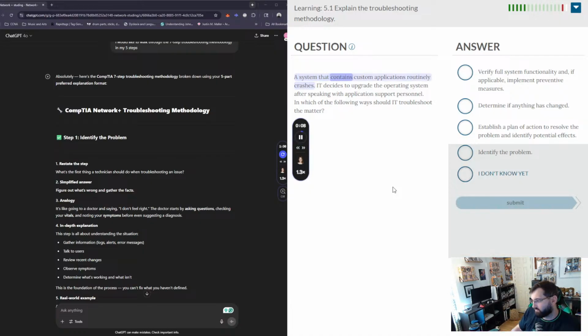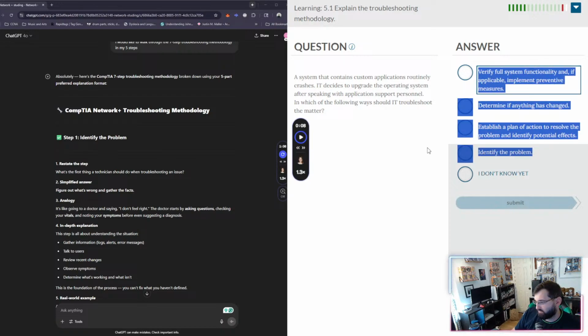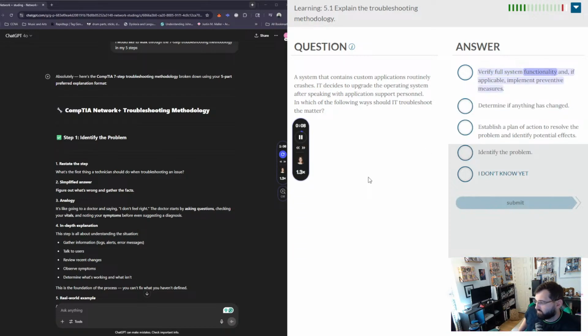A system that contains custom applications routinely crashes. IT decides to upgrade the operating system after speaking with application support personnel. In which of the following ways should IT troubleshoot the matter? Verify full system functionality and, if applicable, implement preventive measures. Determine if anything has changed. Establish a plan of action to resolve the problem and identify potential effects. Identify the problem.